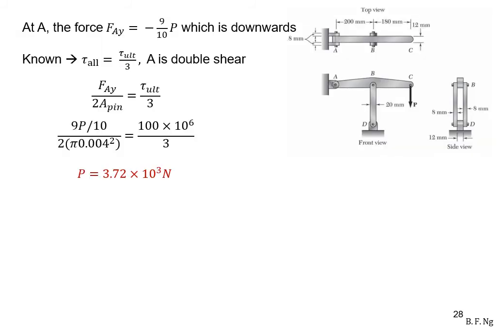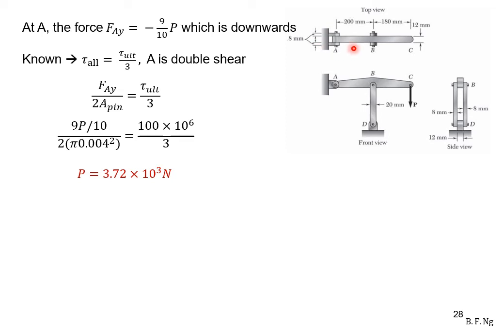We will first solve for the shearing stress condition. At A, there is only the force Ay, which is equal to negative 9/10 P. Since it's negative, it's acting downwards. We have also found that Ax itself is 0.